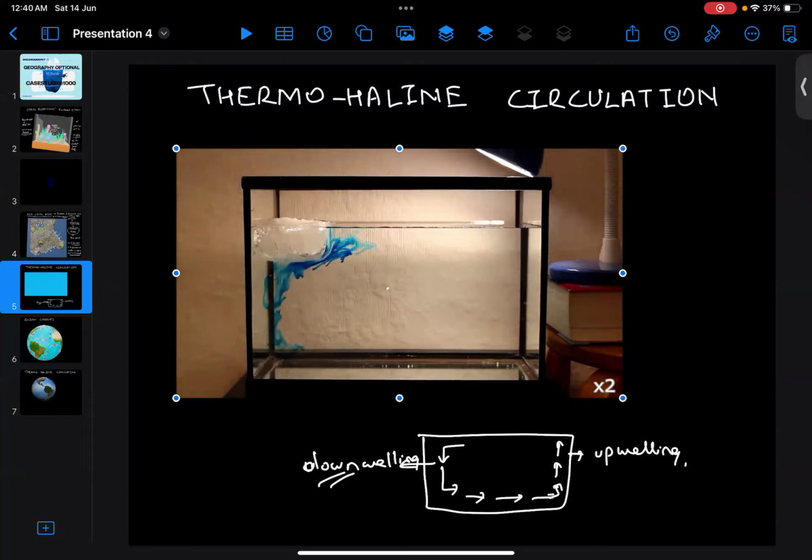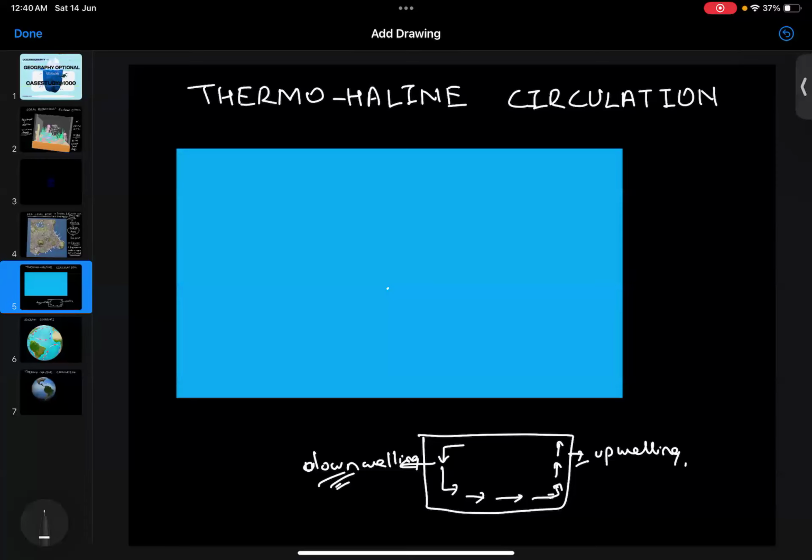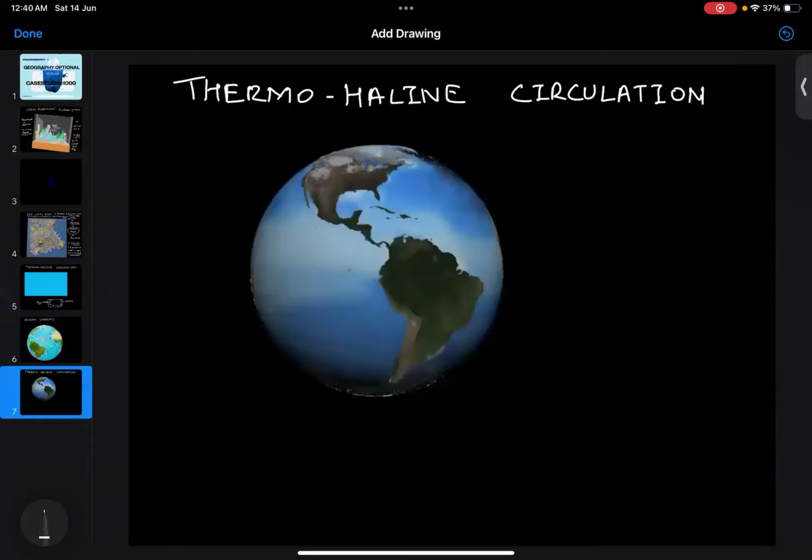The cold water is denser as compared to the warm water, therefore it is sinking. And on the other side, we can see that the ink is going upward. This is being pushed by the cold water which is coming from behind. So this is resulting in the upwelling and downwelling phenomena. This is the basic part with respect to upwelling and downwelling, and this is resulting in the thermohaline circulation. Let's understand this also with the video.